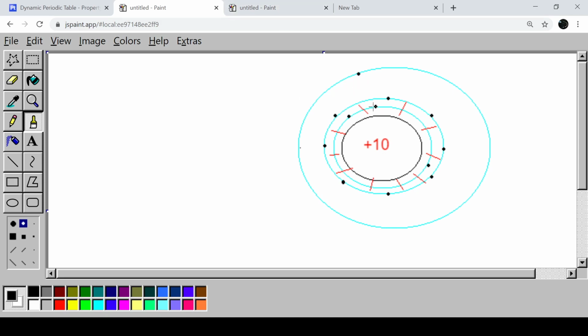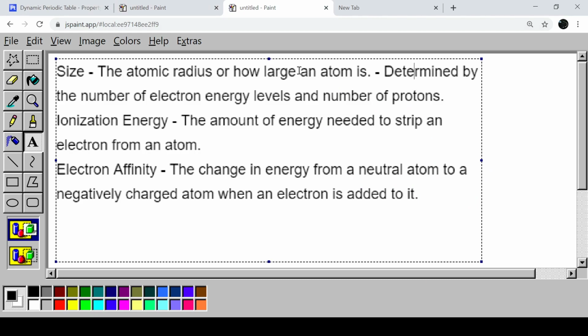So every time that we get a new energy level, we're going to increase in size by quite a lot because it's being shielded from the main body of electrons by the lower energy levels, and because it has to go around all the other energy levels. Okay? So that's what's going on with size in terms of energy levels and protons.